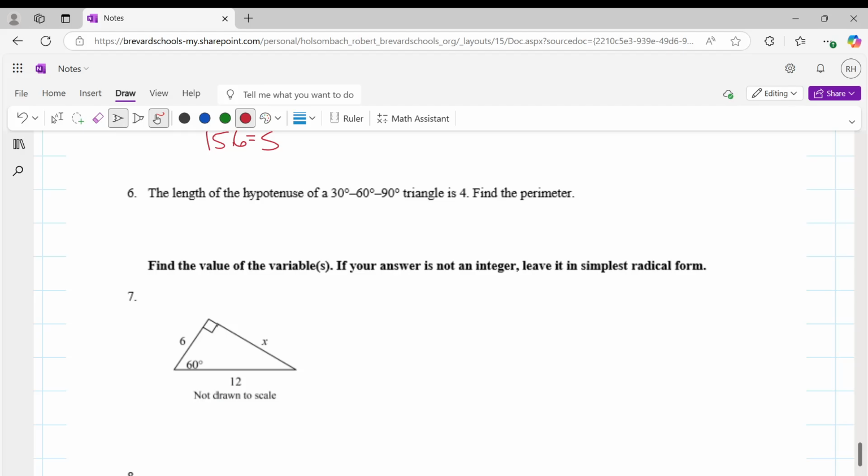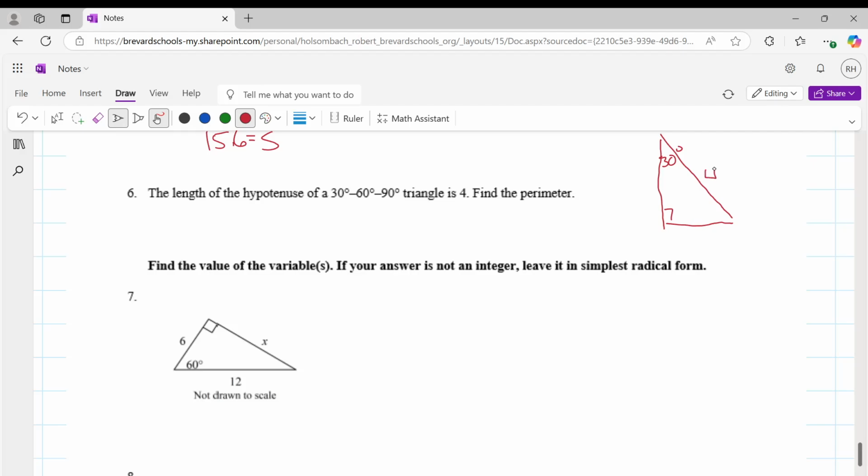Problem number 6, the length of the hypotenuse of a 30, 60, 90 triangle is 4. Find the perimeter. Perimeter is the sum of the sides. So if we've got a 30, 60, 90, hypotenuse is 4.